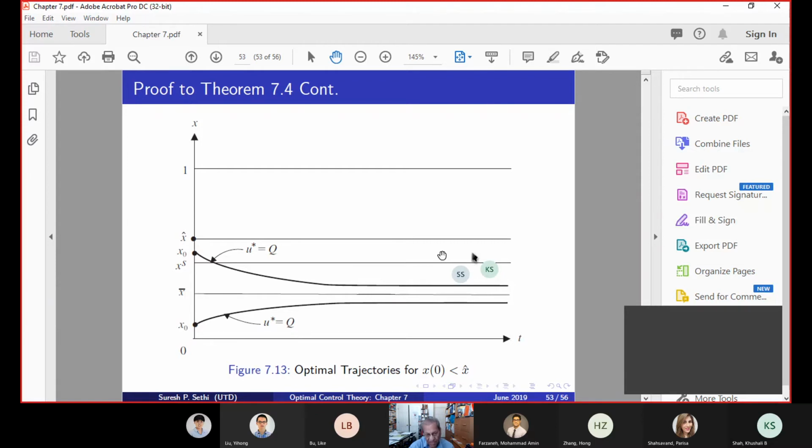Now, if the optimal solution was the most rapid approach path, then you would think that most rapid approach path means I would use control 0. So this is my x0. I will use control 0 all the way. I may come here or I may approach here. That is not important.